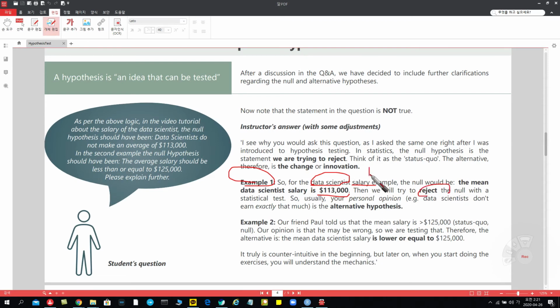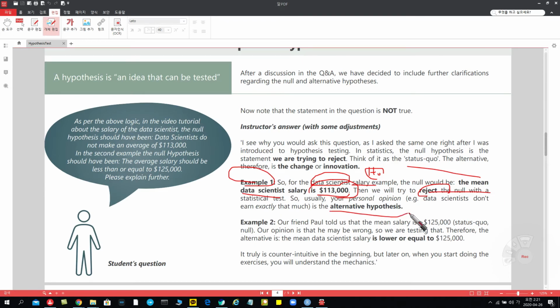This is the null hypothesis: the mean of data science salary is more than $113,000. We want to reject this hypothesis.